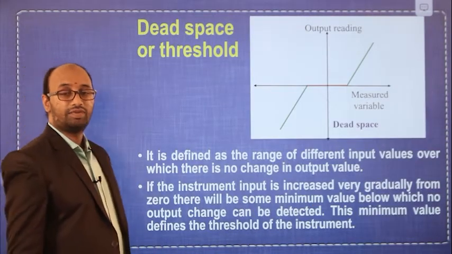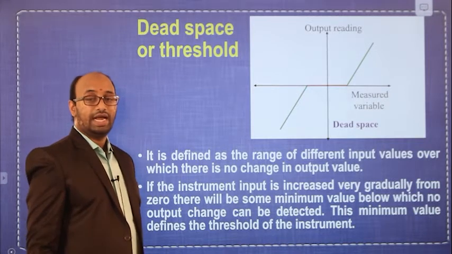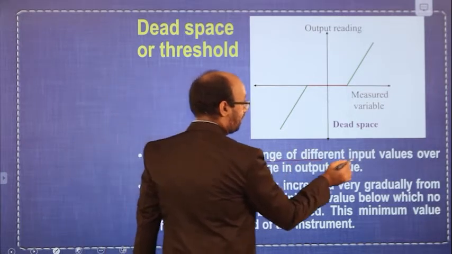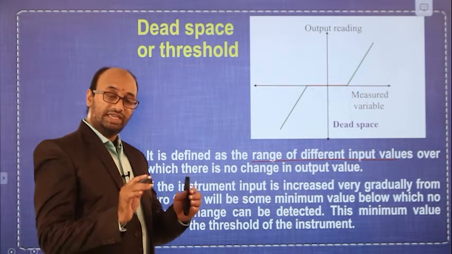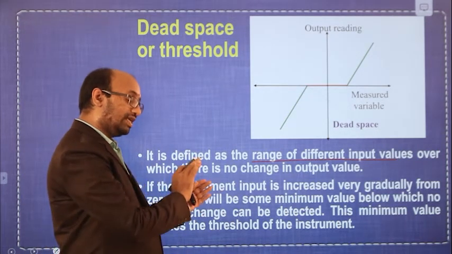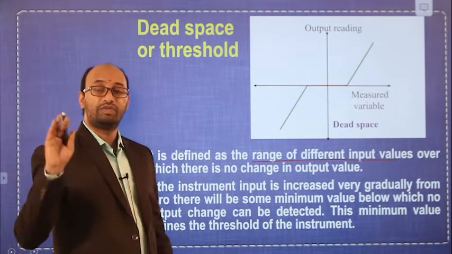And next instrument characteristic is dead space or threshold. And this dead space is defined as the range of different input values for which there is no change in the output. So even if we change the input from 0, as long as this input change does not cross a certain limit, there won't be any change in the output.